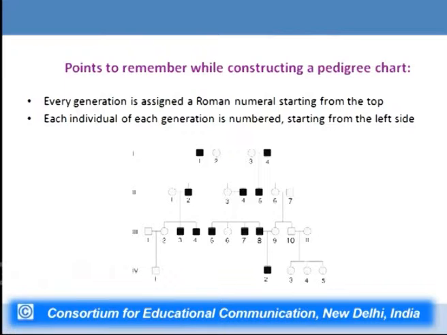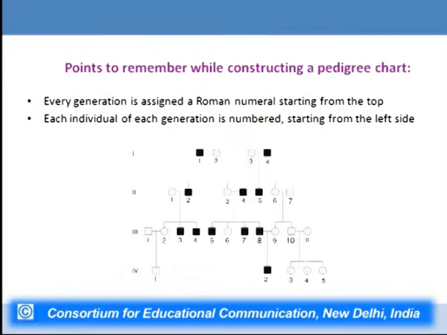So, in this particular case we see that in generation 1, 4 individuals have been accounted for, and in the first generation the leftmost is a male who is affected because the square is completely shaded. That individual is numbered 1.